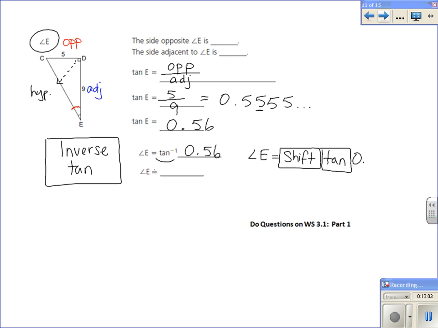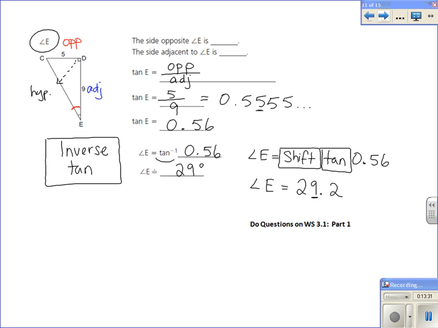And I'm going to put 0.56, which is my ratio, and the angle E in your calculator should come out to 29.2, and we can round that. If we're going to round our angle to the nearest degree, let's say that's going to be 29 degrees. Excellent.